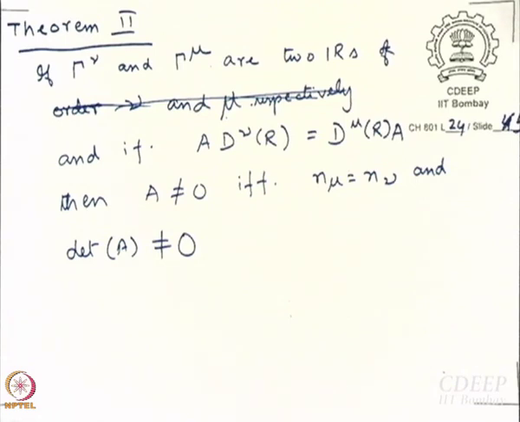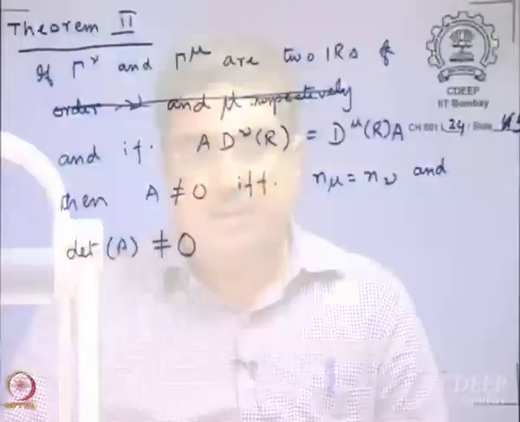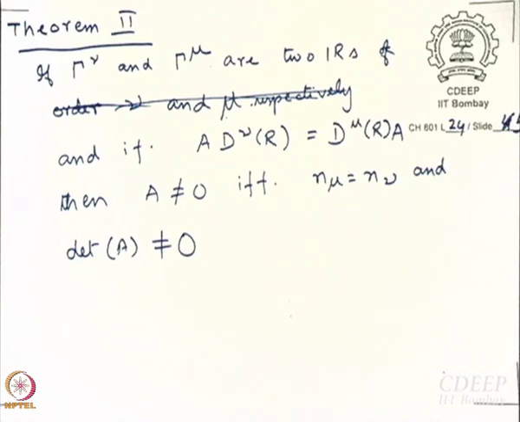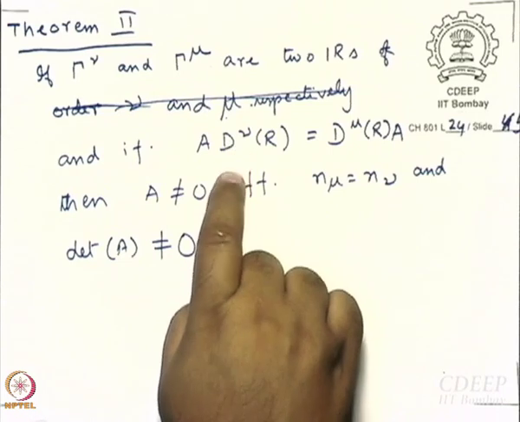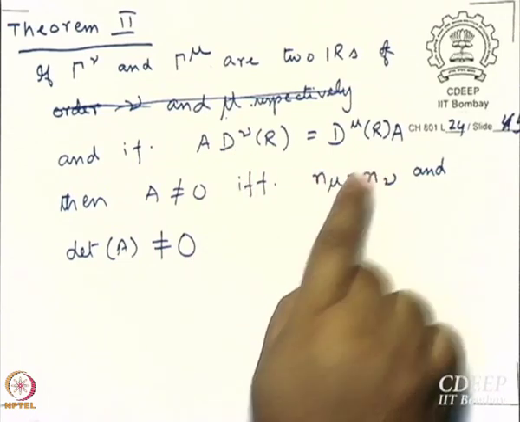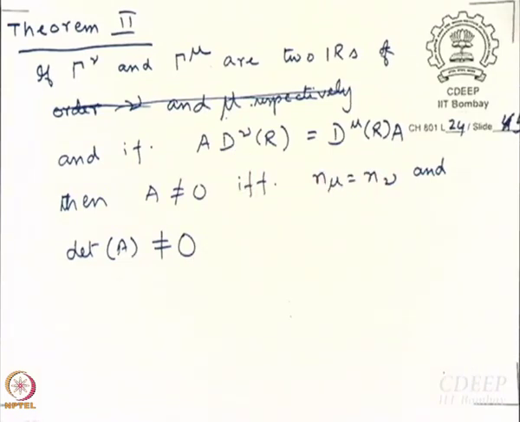Okay. It's a little more complicated than the first one, but we will stick to the simple part of it anyway. You have two different irreducible representations, gamma nu and gamma mu, and let us say there is a matrix such that A d nu r equal to d mu r A for all symmetry operations R. You cannot say that it works with one symmetry operation, doesn't work with another.